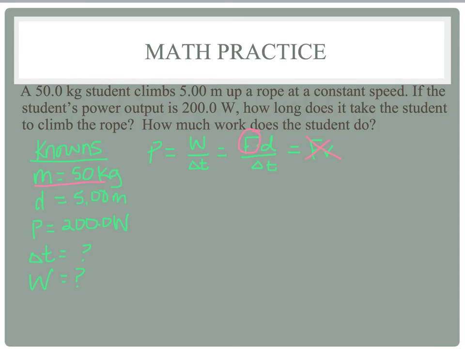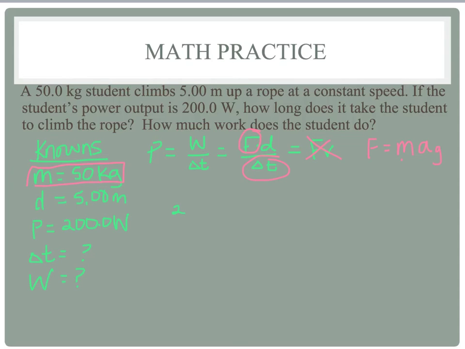But all we have is mass. So again, we're going to have to use F equals mass times acceleration of gravity in order to find everything here. So we want to find time. We know mass, we know acceleration of gravity, we know distance. So let's go ahead and plug this in with power to find the answer.